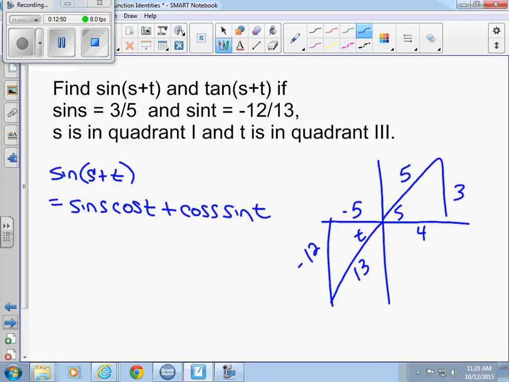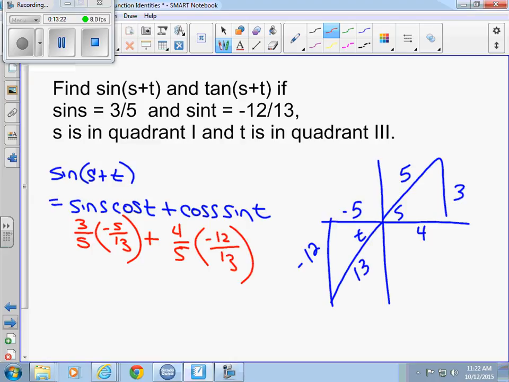So the sine of s is 3/5. Cosine of t is negative 5/13. Why is that 5 negative? Cosine of s is 4/5. Sine of t is negative 12 over 13.